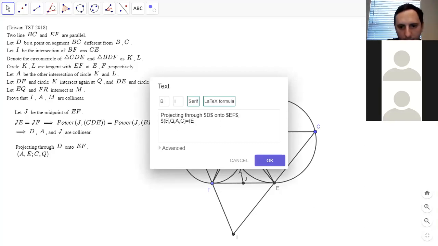That's equal to EFJ, and then EF, the point at infinity, which is equal to 1. And that means that AECQ is harmonic.